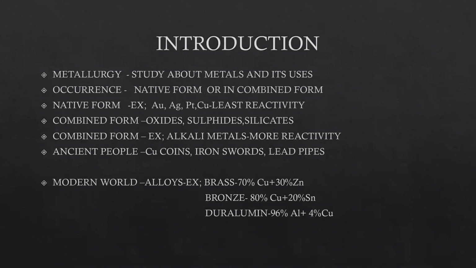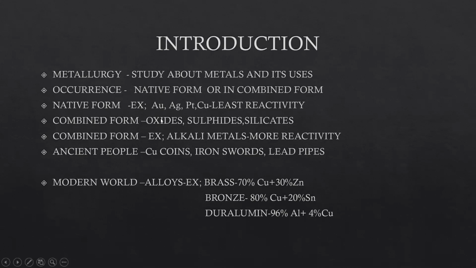We are getting the metals from the top layer of the earth surface in native form or in the combined form. Native form means pure form. Some metals like gold, silver, platinum, copper, we are calling them the least reactive metals because these metals do not easily react with the other metals.